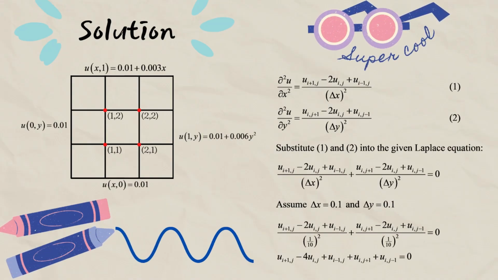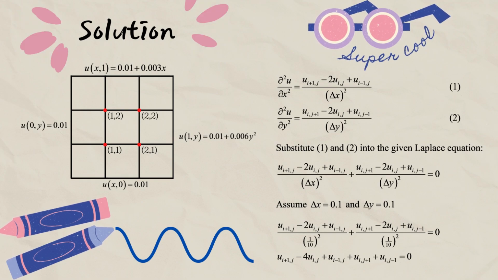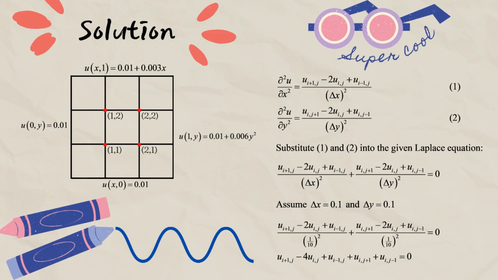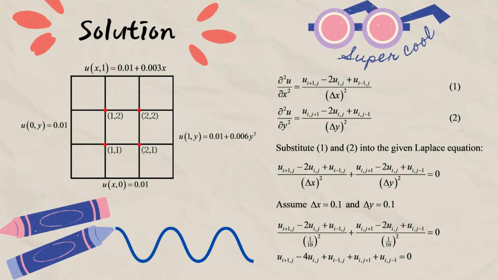We will try to solve the problem using finite difference method. Same techniques are applied here as we did in the past year questions. For this question, we have 4 nodes, and we assume delta x and delta y to be 0.1.